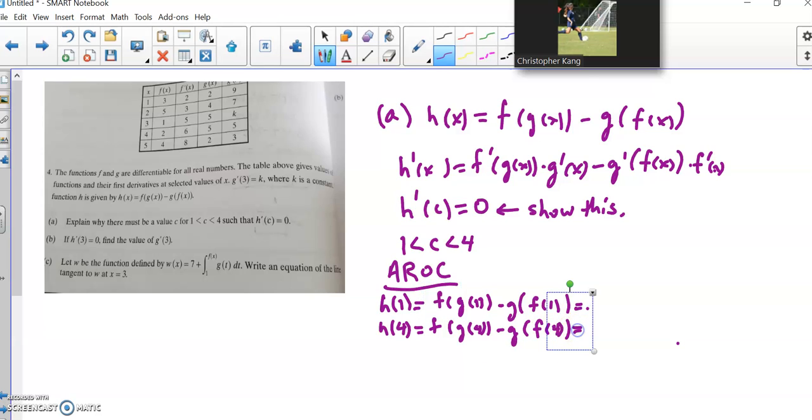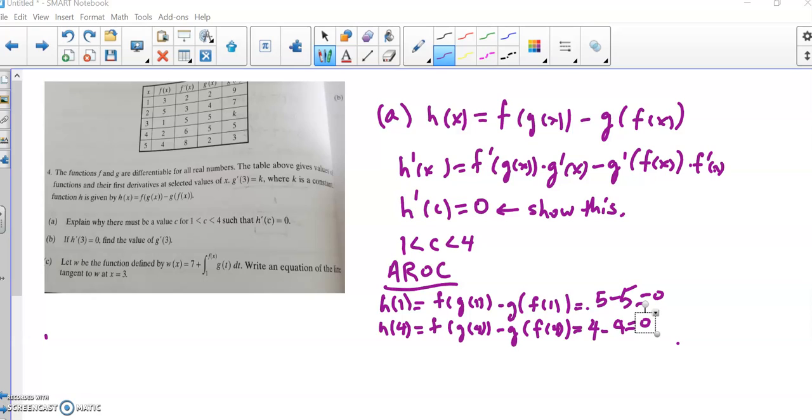You can do the compositions on your own. Okay, I've just done the compositions, and I got h at 1 to be 0, and I got h at 4 to be 0. So now, applying these numbers into AROC, I would get h at 4 minus h at 1 over 4 minus 1, which would give me 0 minus 0 over 3, which is 0.